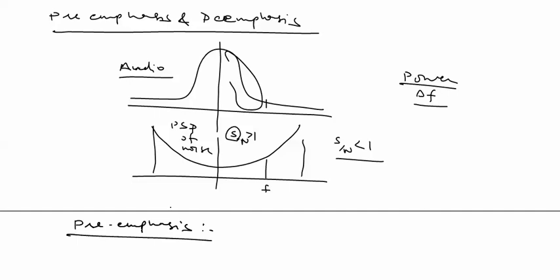We improve the higher frequency, and at the demodulator side we reverse the process to restore the original value of the high frequency. We use de-emphasis. The combination of these two improves the fidelity of high and low frequency signals. We use pre-emphasis before modulation and de-emphasis after demodulation.